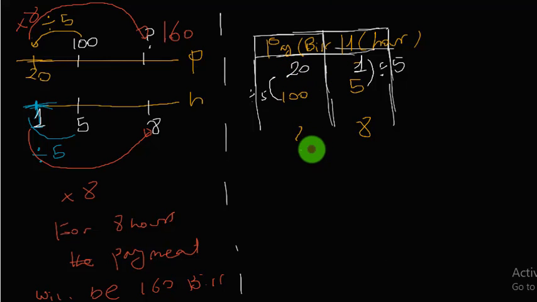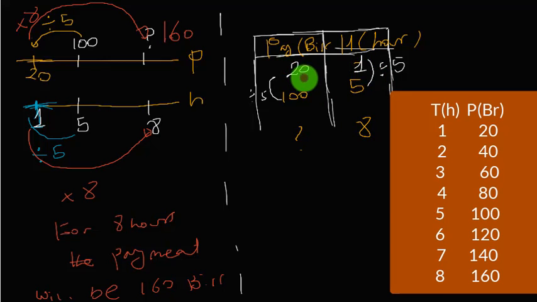Look, for every 1 hour, he is paid 20 birr. For 2 hours he will be paid 40. For 3 hours at 20, which is 60. It will continue, right?